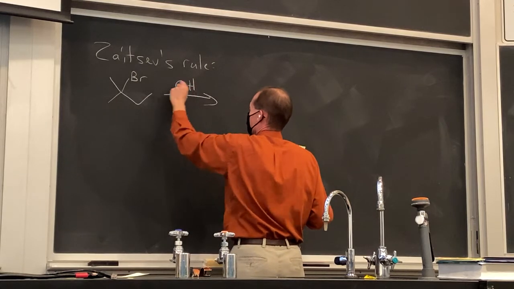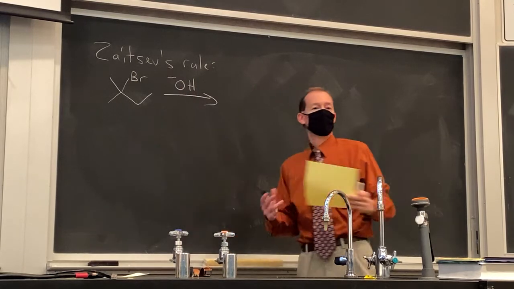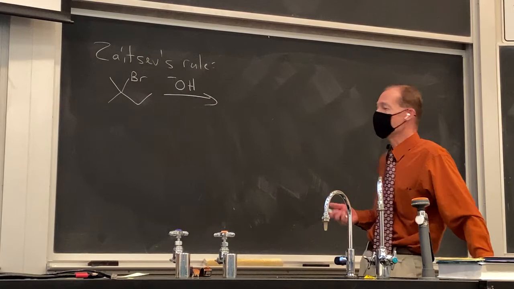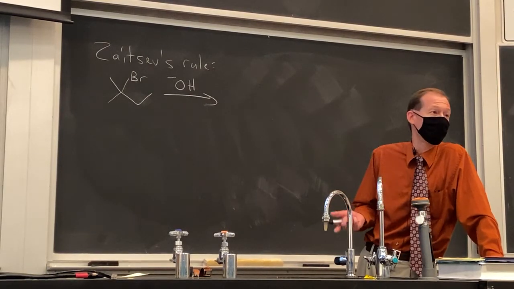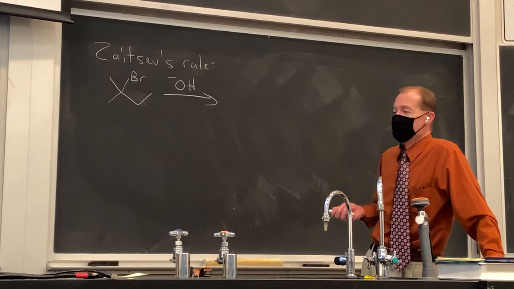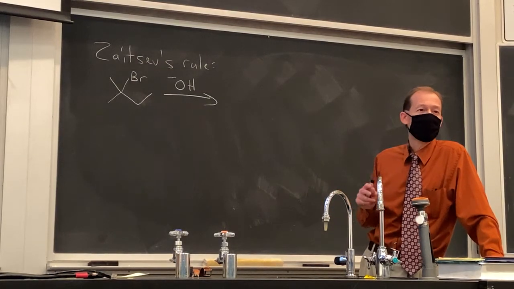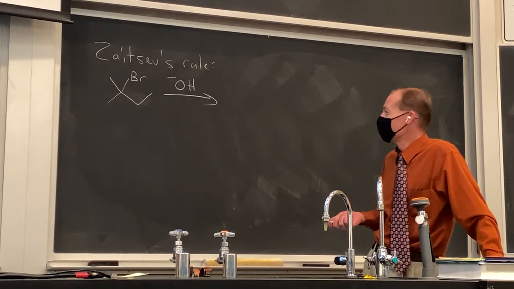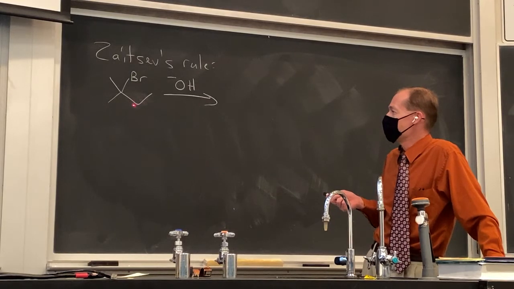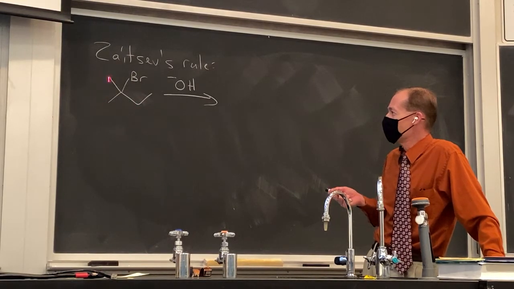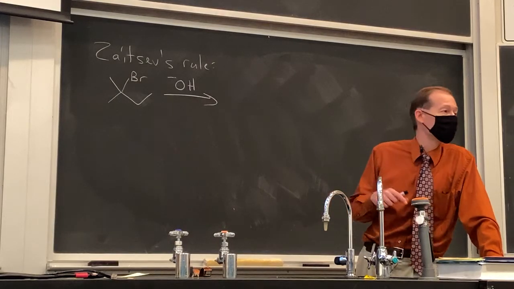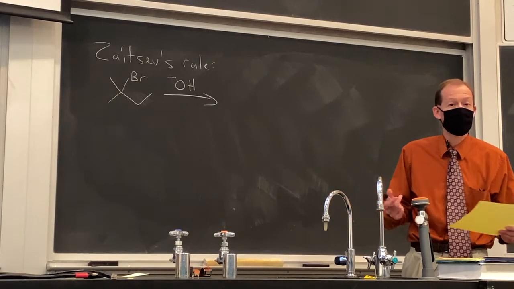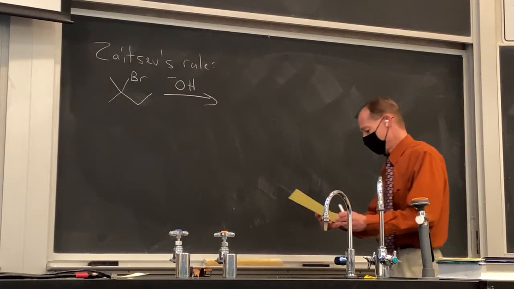So when he performed a dehydrohalogenation of an alkyl halide, such as the one I've drawn for you here, that has two different types of beta hydrogens, we have the beta hydrogens here and we have the beta hydrogens on the methyl group, there are two possible constitutional isomers that can form from this reaction.